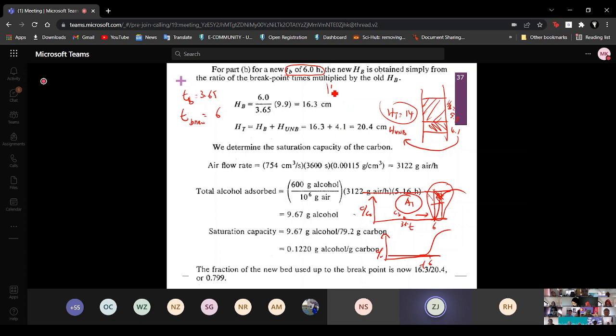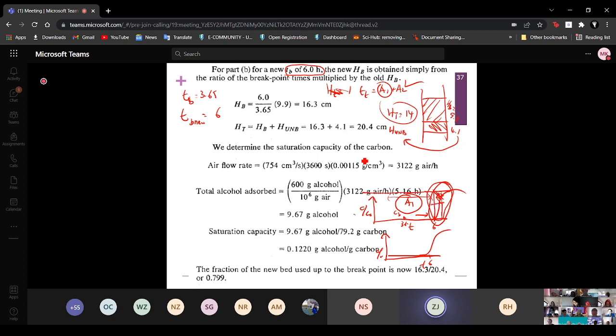Meaning here, if you want to find HT, you want to find TT, you will have A1 plus A2. So A2 will be the same, A1 will change, because it has become longer. When it is longer, its area becomes bigger. Alright? So this is the idea. If you see this, now you know that area A2 no need to find anymore. You do not need to draw it either, to imagine this. No need to draw, because you know that the area A2 will remain the same.